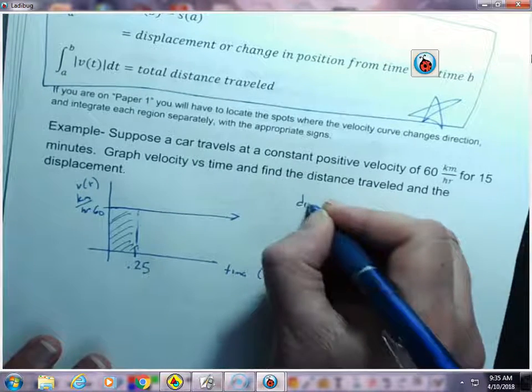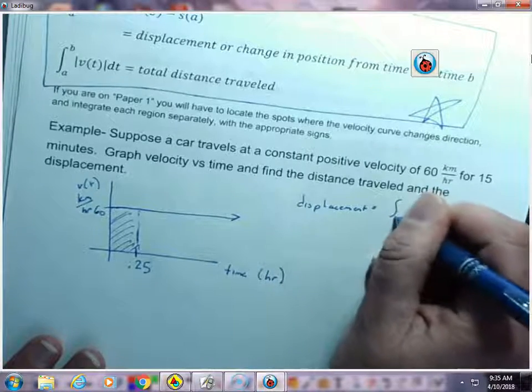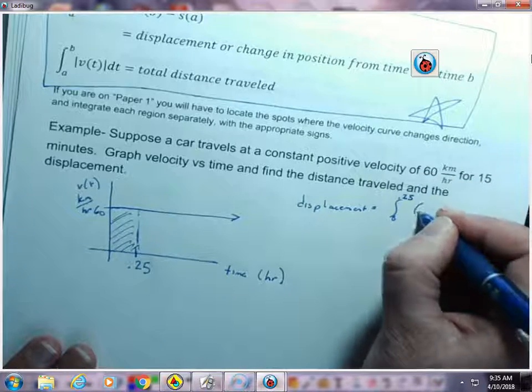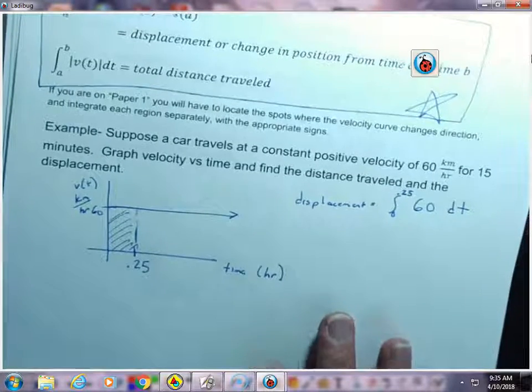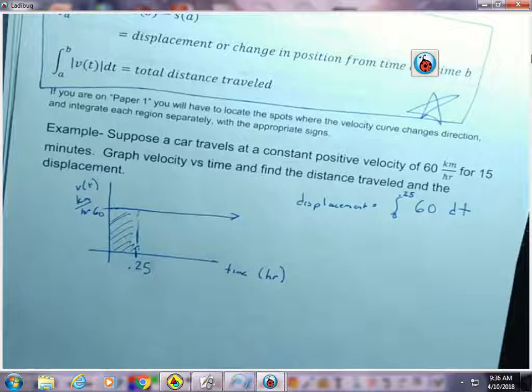So displacement just means all I have to do is integrate it from 0 to 0.25 hours, whatever my function is, which is just a constant 60. I can do that by hand, or I can calculate the area under the curve.